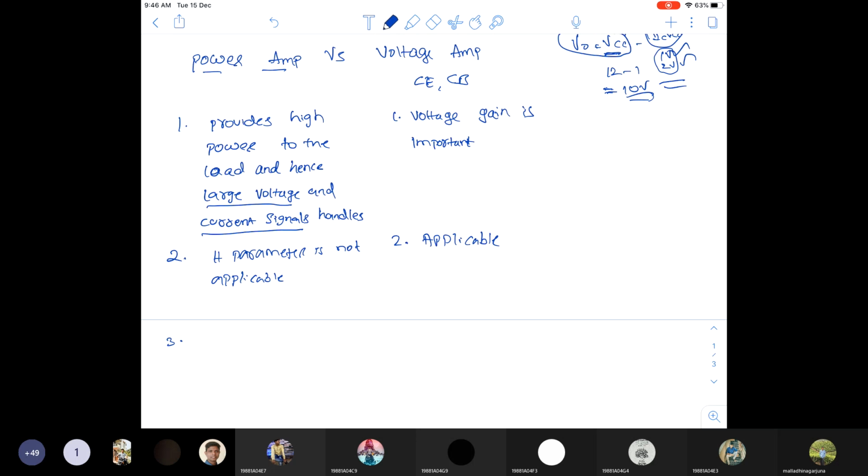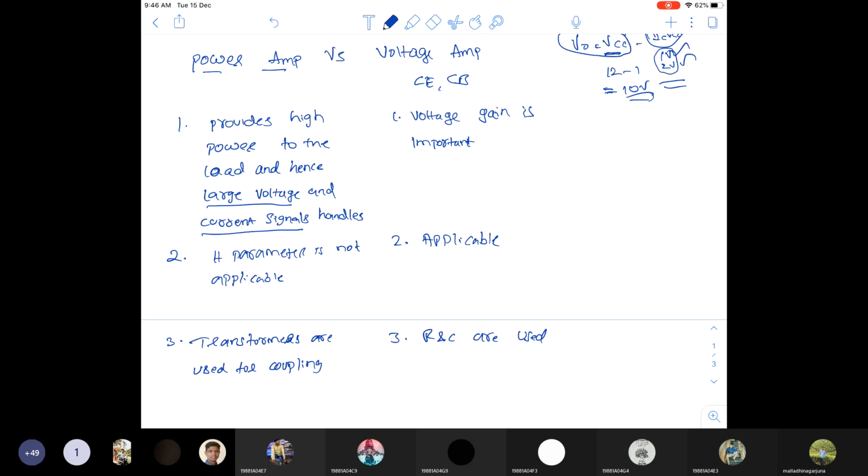Here transformers are used for coupling, and here resistance and capacitance are used for coupling.